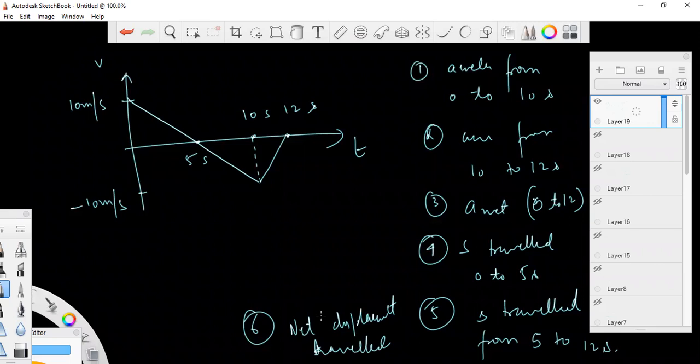Yes. Between 5 and 12, what has happened? Same as from 0 to 10. So from 5 to 12, how much has it traveled during only that duration?